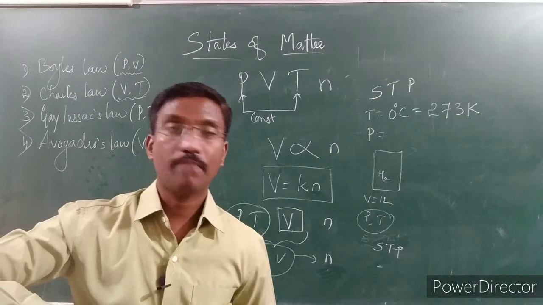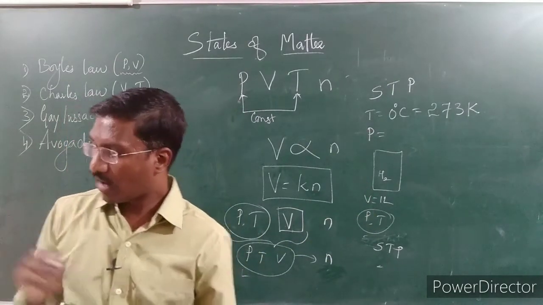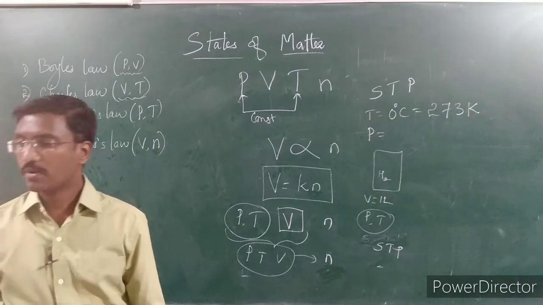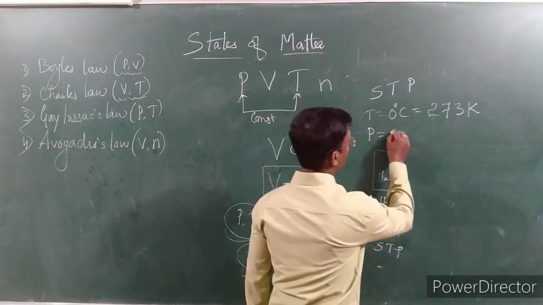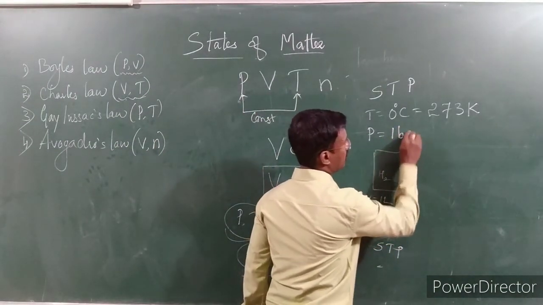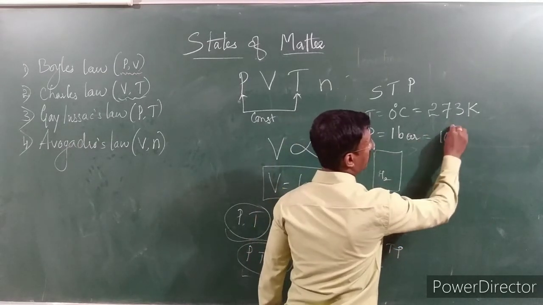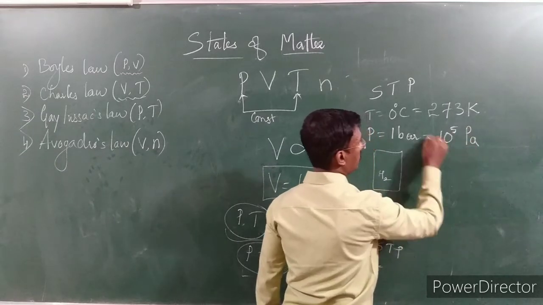I said pressure has 3 units, among those one is the bar and another is the Pascal. We are going to use only these 2 terms here. If the pressure is 1 bar, 1 bar is nothing but 10 raised to 5 Pascal, capital P and small a.